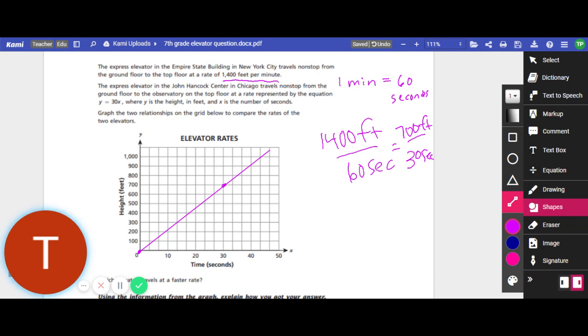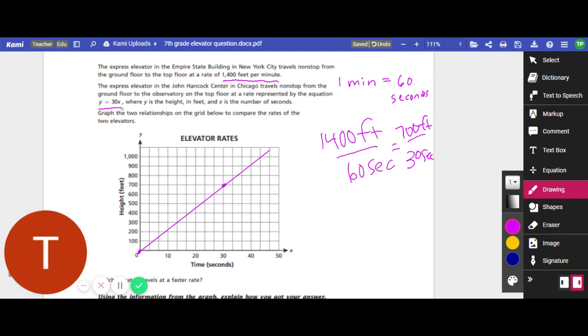Now I want to do the same thing for the John Hancock Building, but the John Hancock Building says that it travels in this equation, y equals 30x. Well, y is the height, x is the number of seconds. So if y equals 30x, we could then pick a value for x.